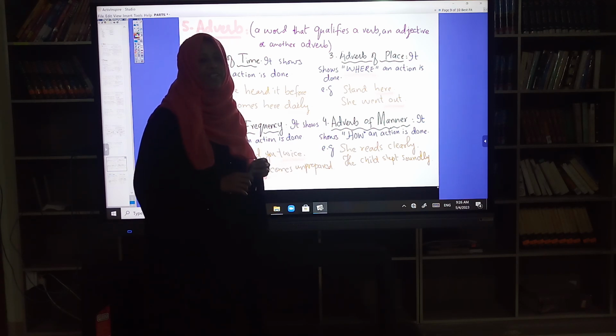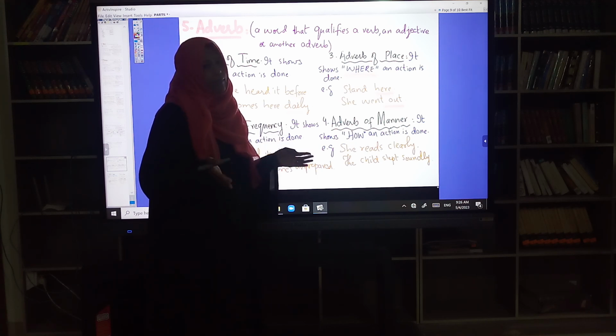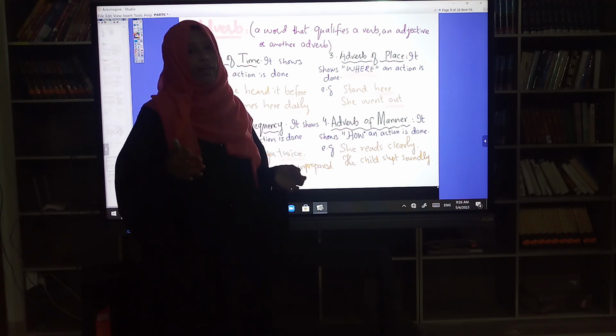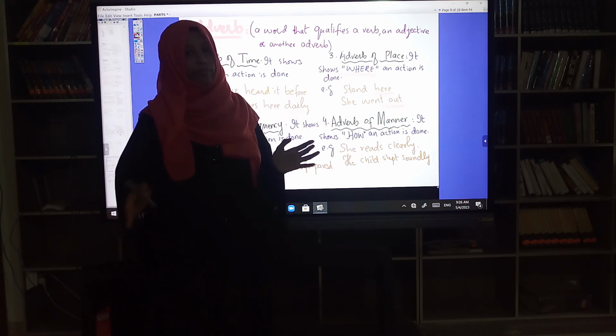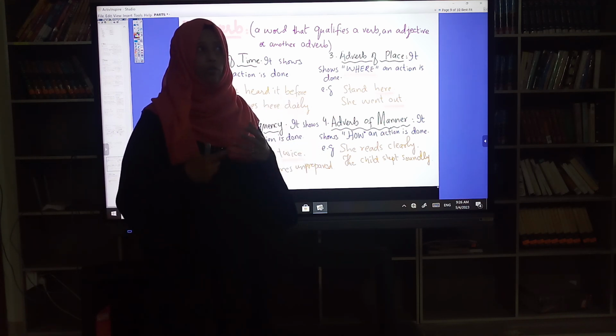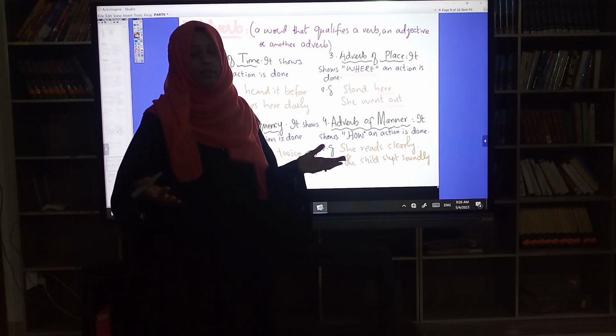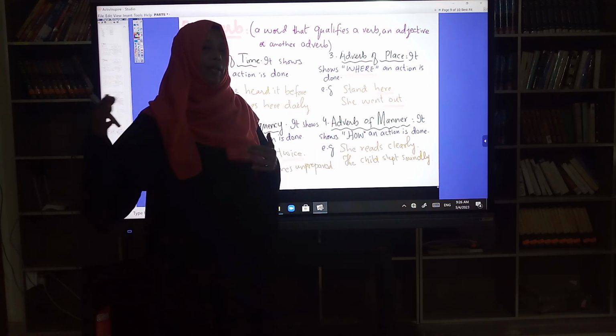Okay, now the fourth type is adverb of manner. This is the easiest, I may call it, because many a time it takes ly at the end of an adjective, but the exceptions or the rare cases are also here, like for example, the play is well written.